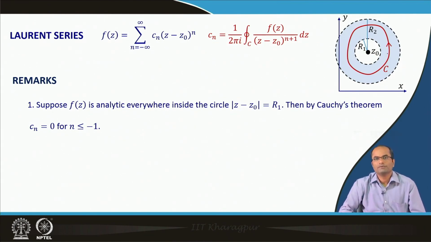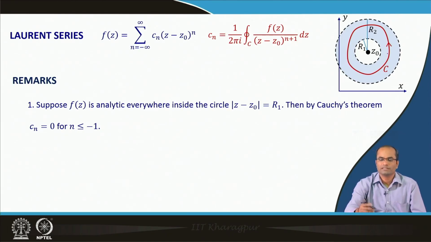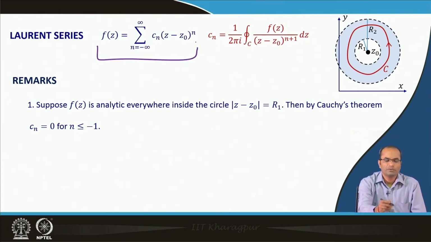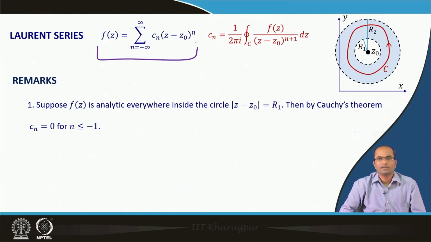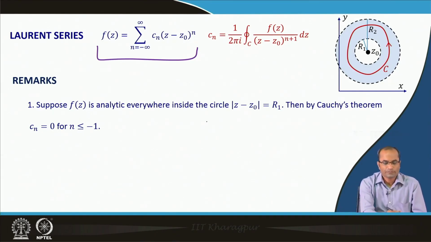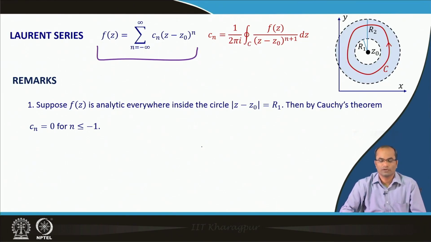We know from the previous lecture that when the function is analytic everywhere in this region, then we can write down the Taylor series expansion, but the same expansion we should be able to deduce from the Laurent series, because this is a more generalized version of the Taylor series. So, here we will see that indeed we can get the Taylor series from this Laurent series.